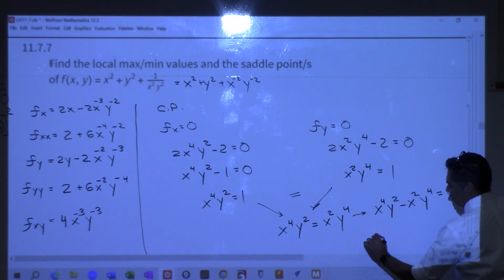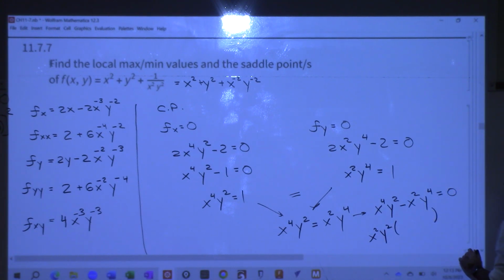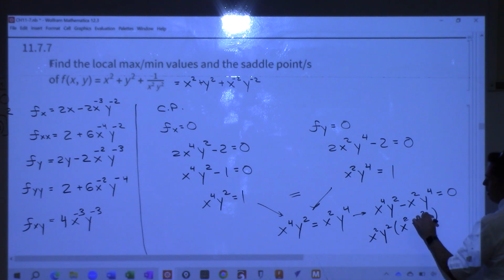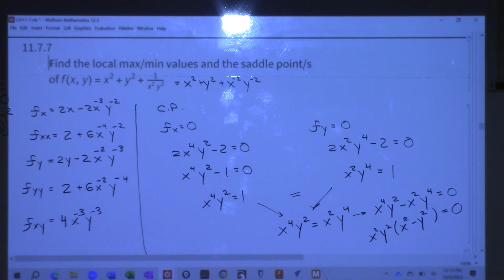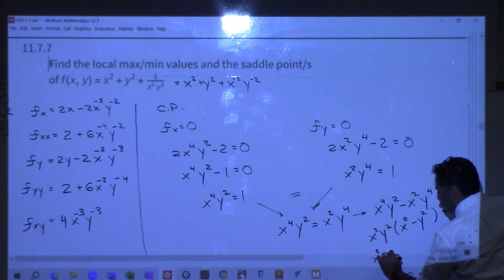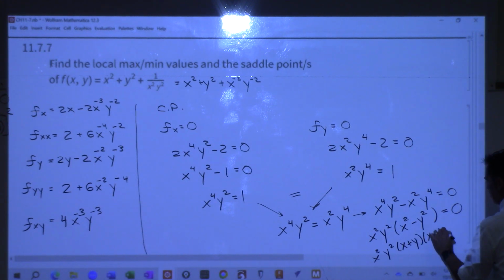What's our GCF? x squared y squared. And that leaves you with x squared minus y squared, which is the same as x squared y squared times x plus y times x minus y, difference of squares, equals 0.